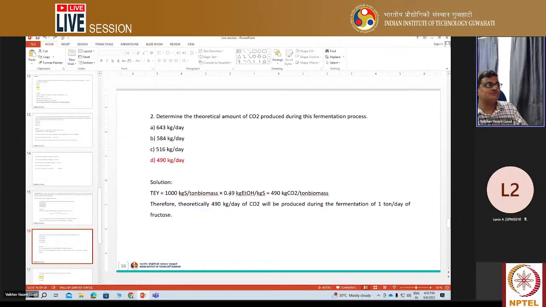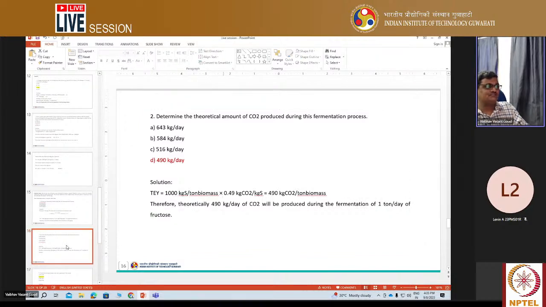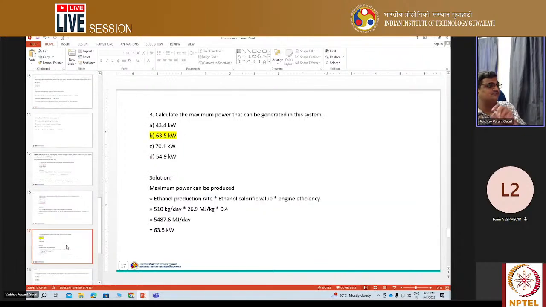And 0.49 is nothing but the CO2, actually it's a typo here, it should be CO2 per gram of sugar. So it comes out to around 490 kilogram of CO2 per ton of biomass. So that is nothing but this much kilogram of CO2 per day will be produced during the fermentation of 1 ton per day of fructose.